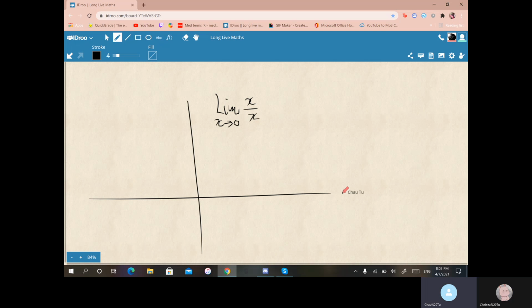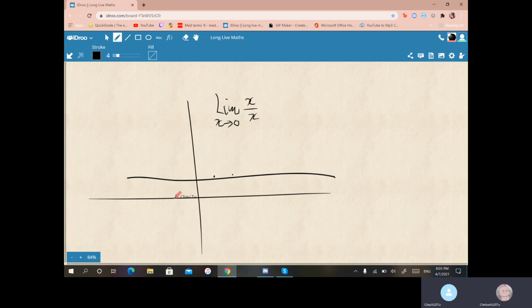What does that look like? It's like this. Not correct.